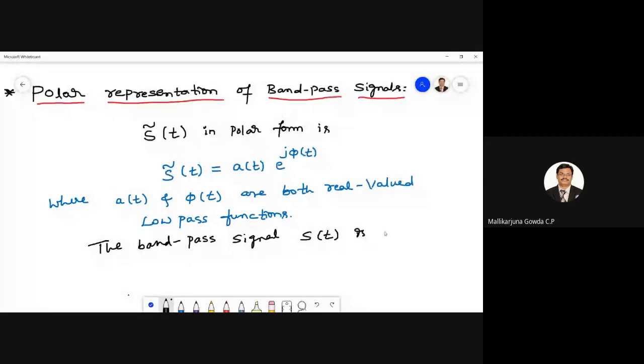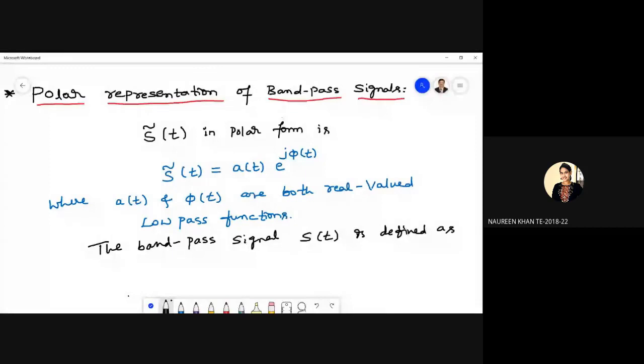Yes, you are not aware. And what we have learned so far? S of t. Yes, quickly I expect an answer for this. S I of t cos 2 pi fct minus S Q of t sin 2 pi fct. Yeah, of course, maybe many ways to say it, right?